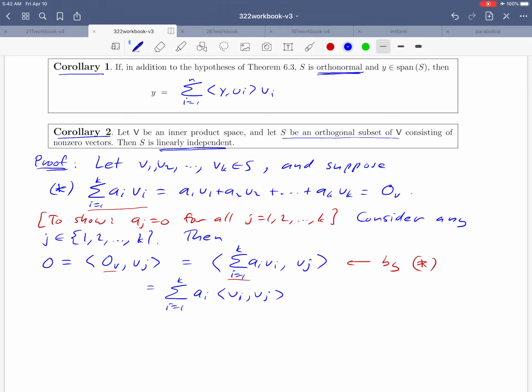Does this look familiar? We did a proof very much like this on the previous page, back in example 1, I think it was. All right, we can make the same observation that we made there. Because the set S that we started with is orthogonal, we know that the inner product of vi with vj is equal to 0 whenever i is not equal to j. That's the orthogonality.